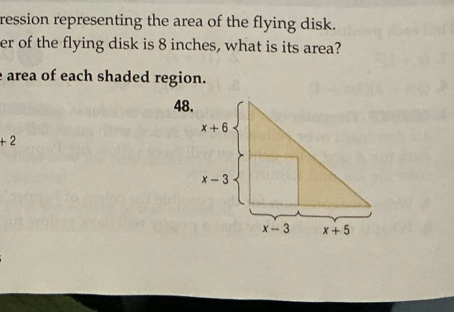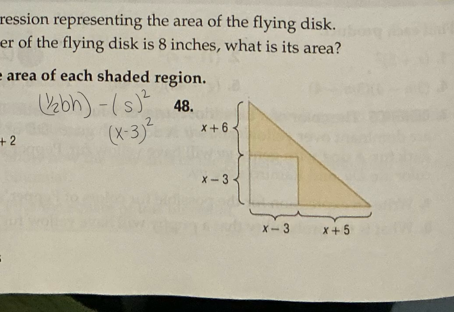All right, 48. Our general plan is the area of the triangle minus the area of the square. Well, the area of the square is easy. It's x minus 3 squared. The triangle has this whole thing as a base. So if I were to add those two together, I would get 2 x's, and a negative 3 and a positive 5 is 2.